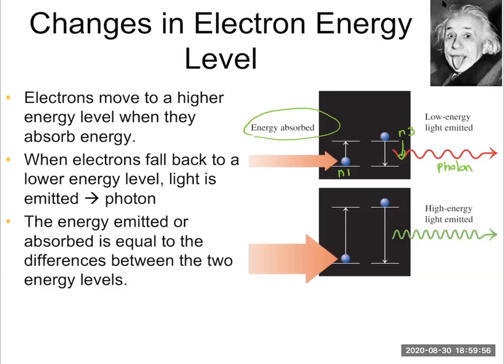When an electron goes from a high level to a low level, energy is released in the form of a photon. The energy emitted or absorbed equals the difference between the two energy levels, because energy cannot be created nor destroyed.